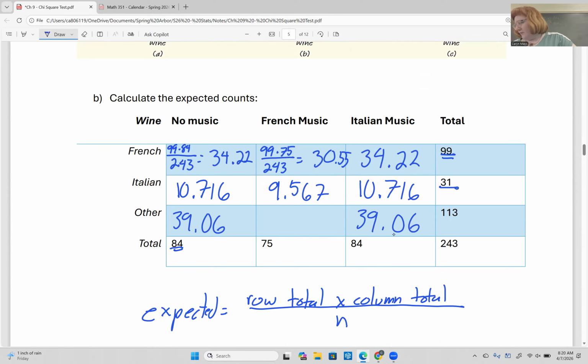Can somebody tell me what that last number is going to be? 34.88. That's 75 times 113 divided by 243.